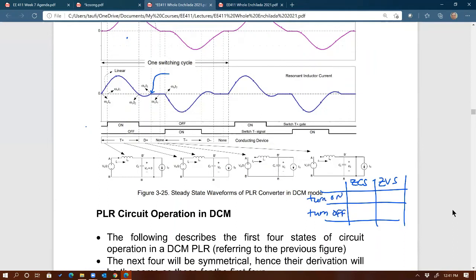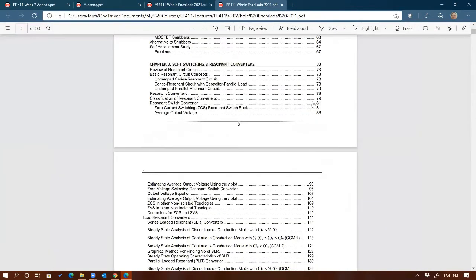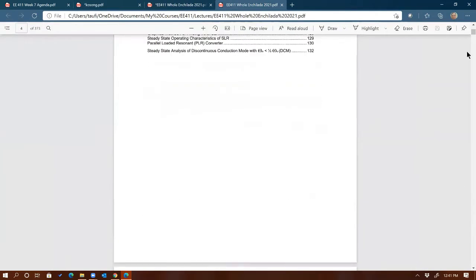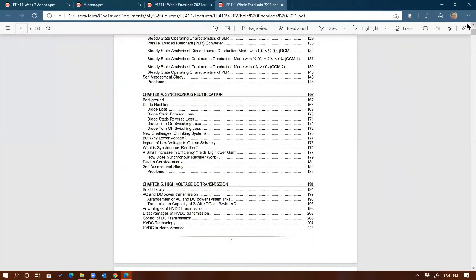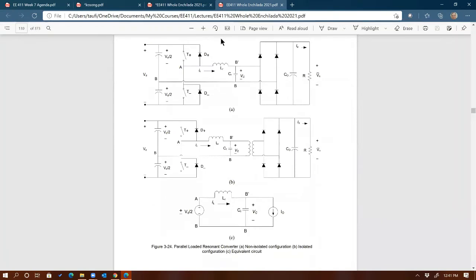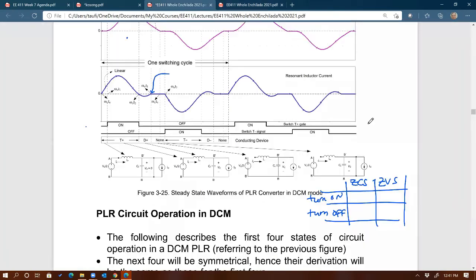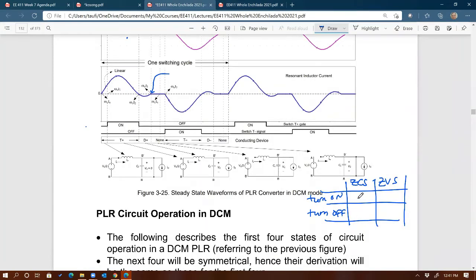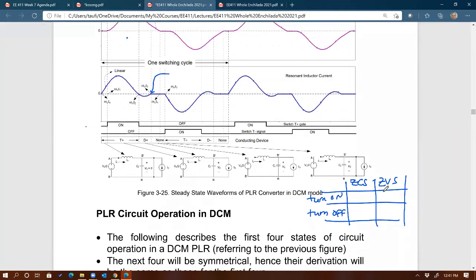I'm going to need the circuit for this. So just like the series loaded resonant, I'm expecting you to know how to fill out these tables and the reasons behind why it is a yes or a no.